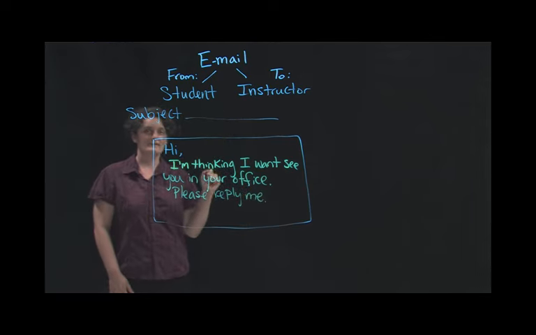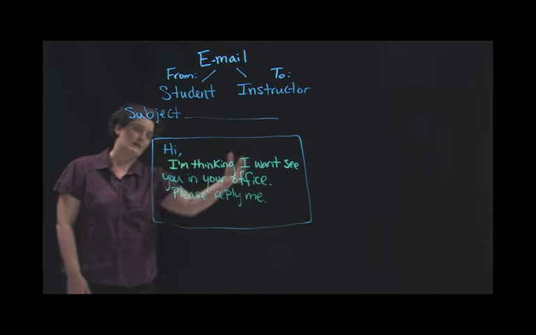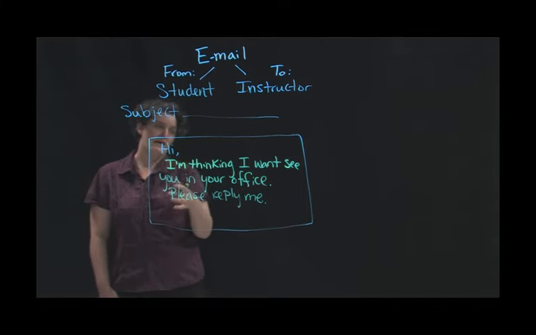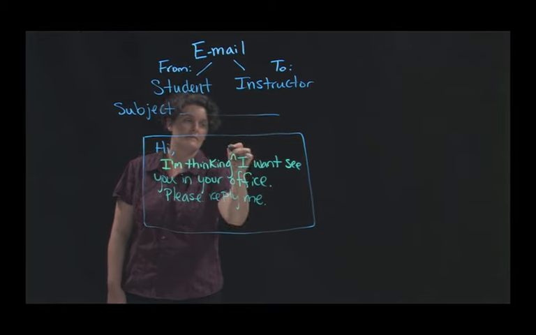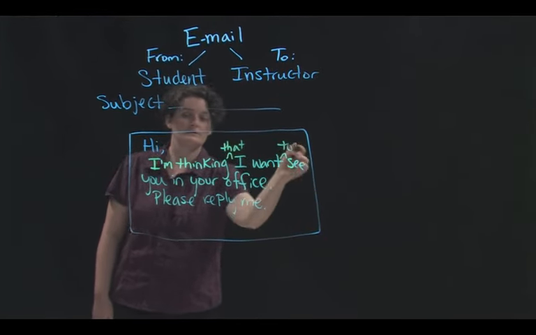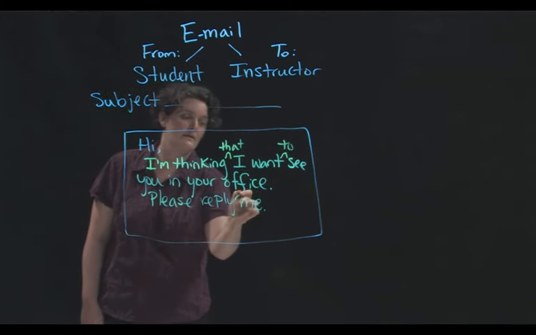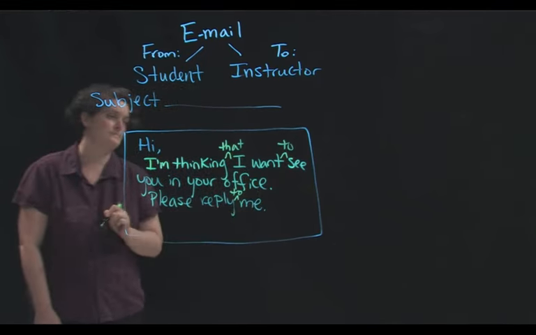Now, if we were looking at this from the grammar point of view, a grammar teacher might go ahead and correct this by saying, "Hi, I'm thinking that I want to see you in your office. Please reply to me."